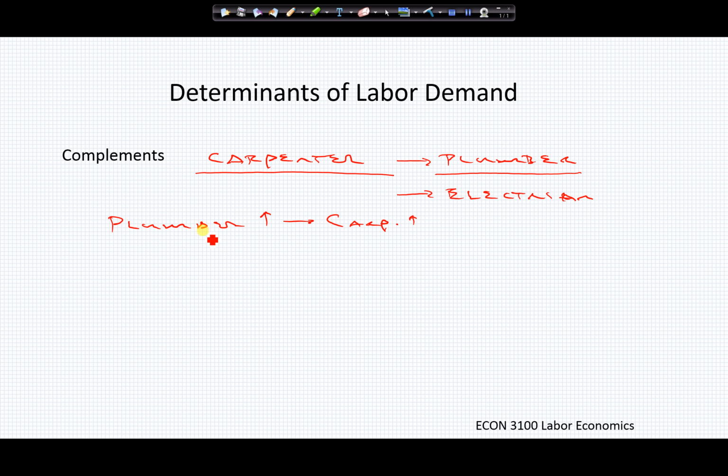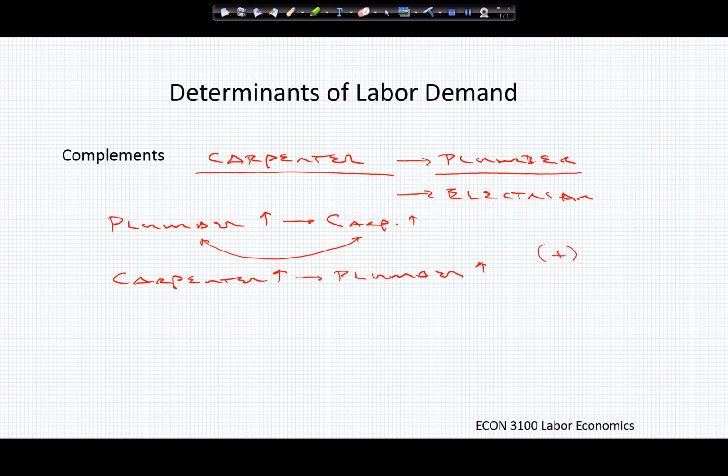Now you might think of this just the opposite. You might suppose that the carpenter comes before the plumber. That's probably true. So if we need more carpenters, if the quantity there rises, then we also need more plumbers, or electricians, or plasterers, etc. And the correlation then is positive.